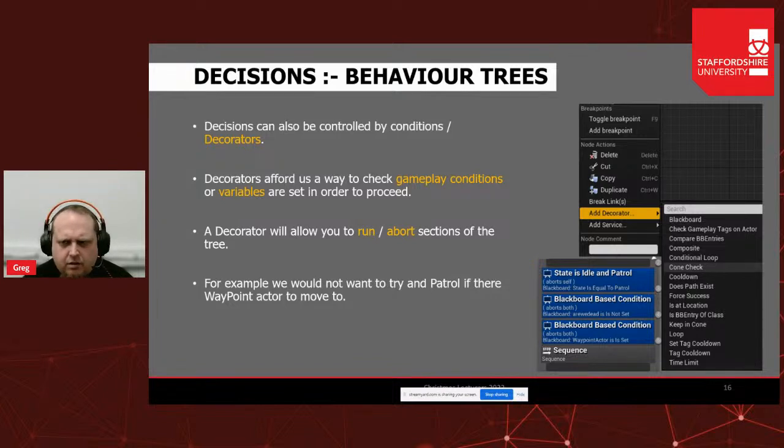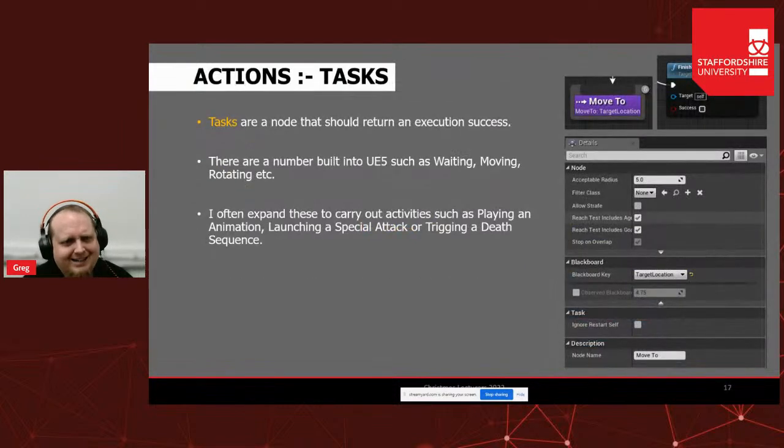And that is often handled by tasks, and tasks are the purple nodes in a behavior tree, and there are many of them. You can make your own inside of Unreal too, which is great. So again, this might be things like pauses, it could be things like moving, pathing, rotating, or you could create particular tasks for playing an animation or for triggering something in particular that may be a special ability, for example.